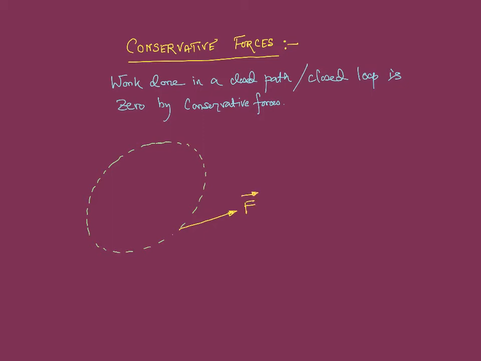So that is F and a small length of the path, vector dl. Okay, so this F dot dl is the work done in this small displacement dl.